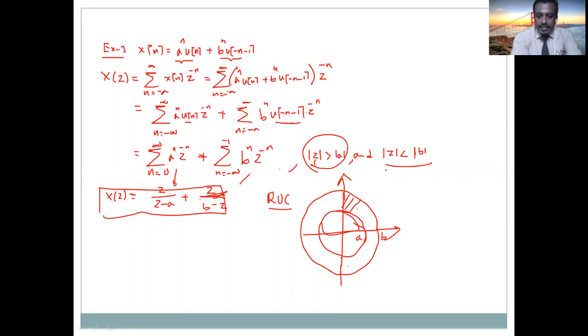This is the intersection because it is AND, right? It is AND, not OR.